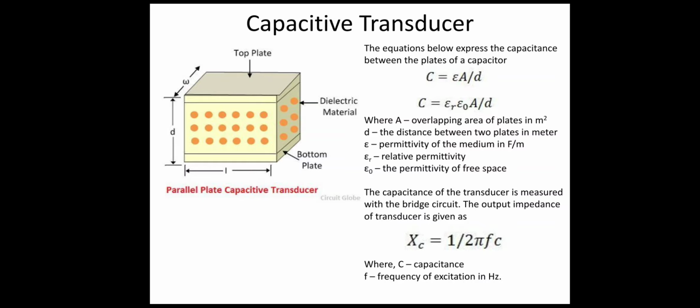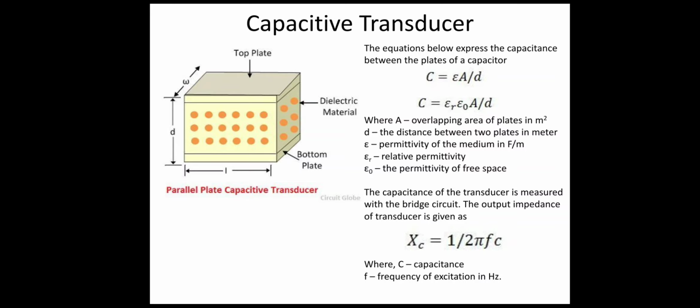The measuring circuits of capacitance sensors are normally of the bridge type, but the variation of capacitance in the sensors is generally very small, and detecting these changes in the presence of the large stray capacitance existing in different parts of the circuit is difficult.